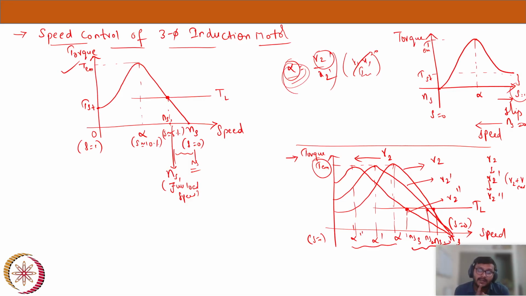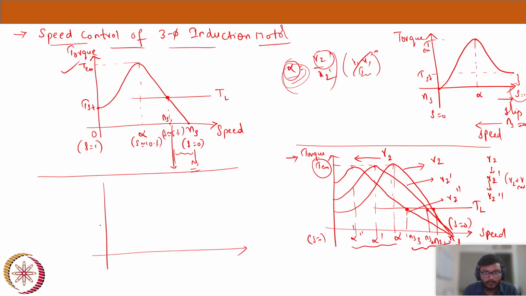Now we have discussed another method as well, not for speed control, but while we were discussing the torque curves, we reduced the supply voltage to get different maximum torques. So if I write it, okay.